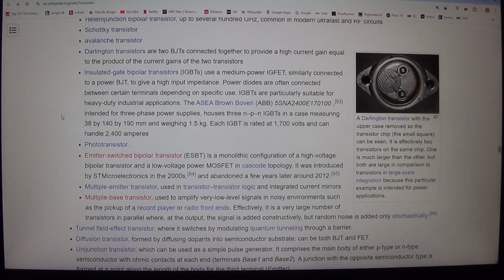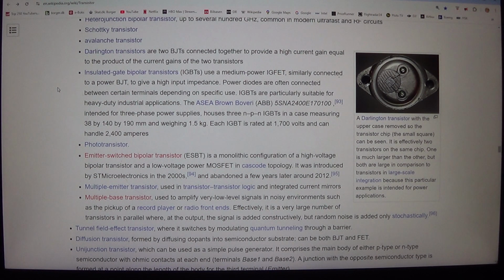5. Insulated gate bipolar transistors, IGBTs, use a medium power IGFET, similarly connected to a power BJT, to give a high input impedance. Power diodes are often connected between certain terminals depending on specific use. IGBTs are particularly suitable for heavy-duty industrial applications.